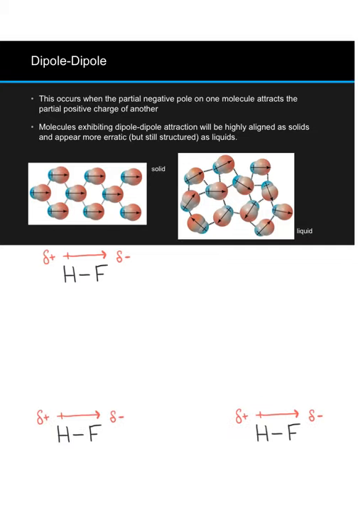Now suppose that we introduce multiple hydrogen fluoride molecules to each other. So we have three of them, and we're going to think about what these three molecules will do to organize. Every one of these hydrogen fluoride molecules has a dipole, a partially positive side and a partially negative side.